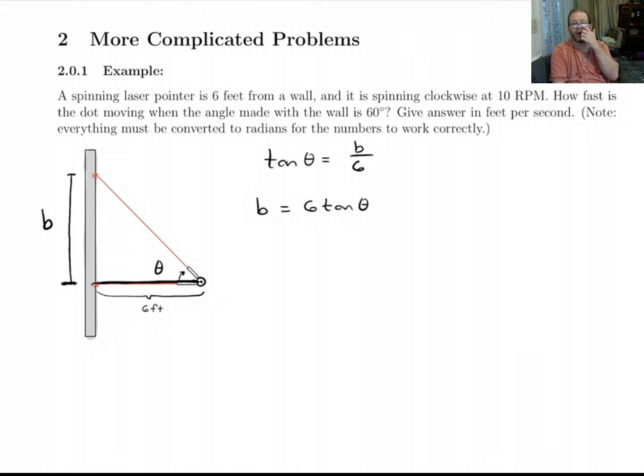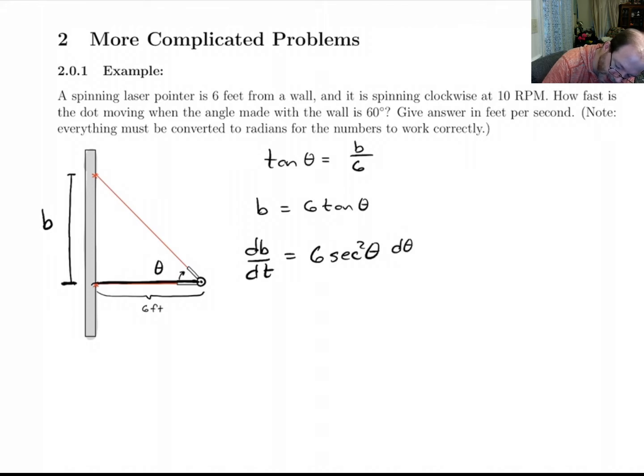So that's our equation, and our rate equation is easy to find. db/dt, the derivative of tangent is secant squared theta. Then we have to multiply by d theta/dt. So that's our rate equation.